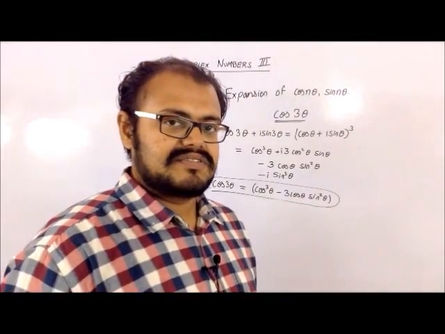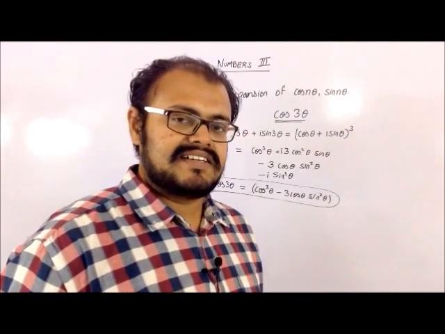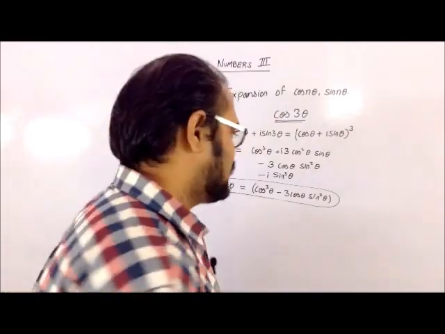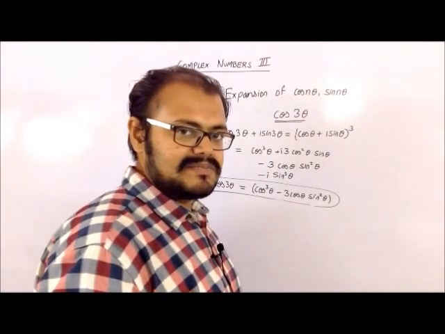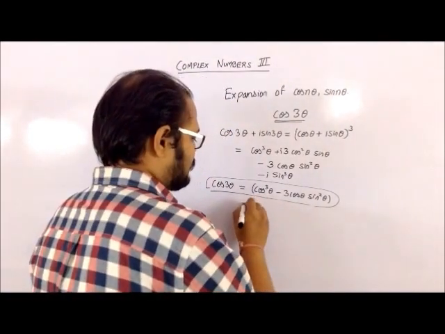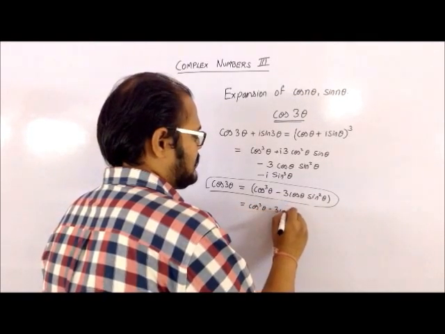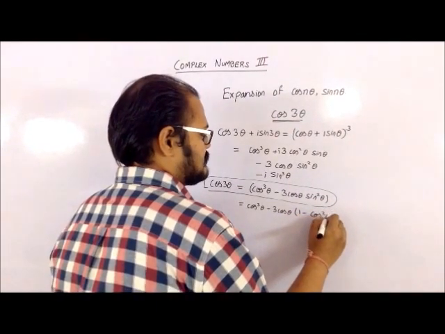Now in this, if they have asked that you have to represent this in only cos terms, then you can simply apply the formula for sine square theta in terms of cos square theta. So it is cos cube theta minus 3 cos theta, and sine square can be written as 1 minus cos square.